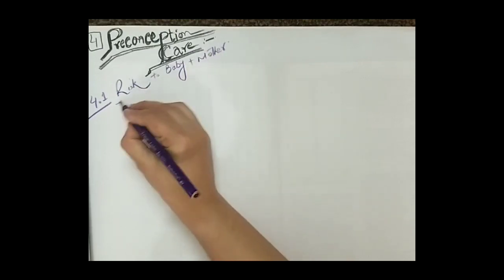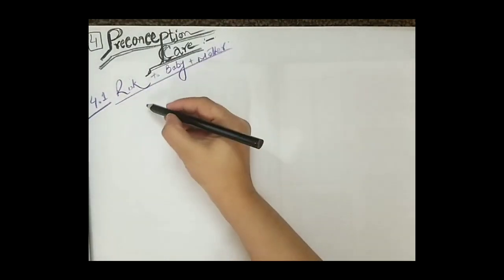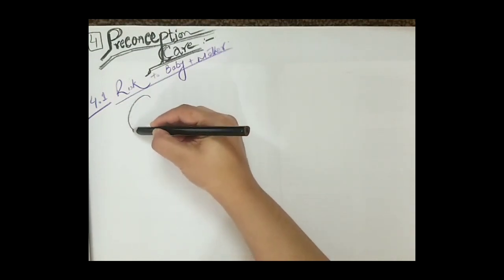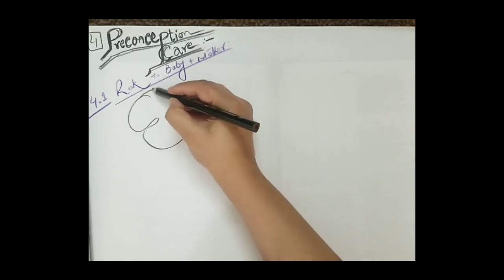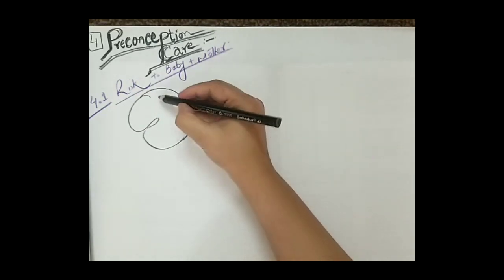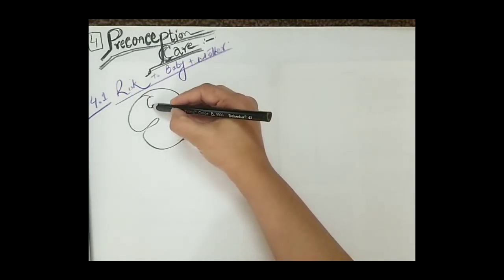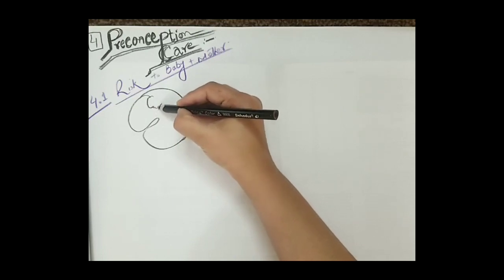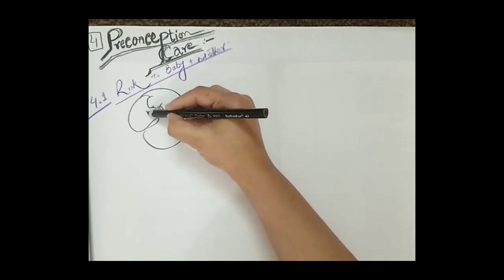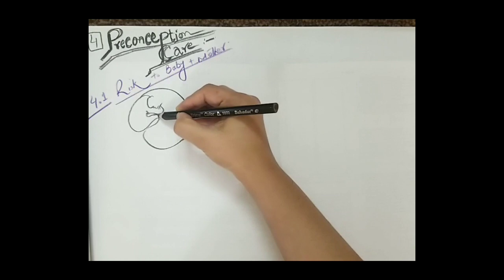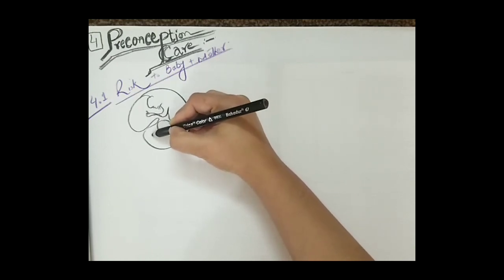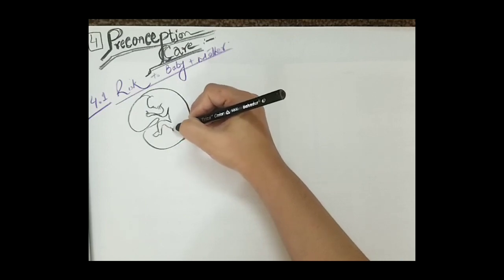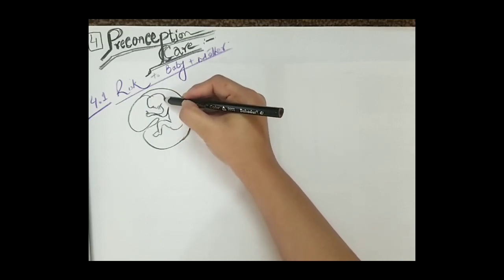Both are very important parts of the preconception care. We have to counsel the woman, we have to tell the mother that her fetus is at increased risk of possible complications like increased incidence of perinatal mortality, premature labor, the fetal growth restriction.